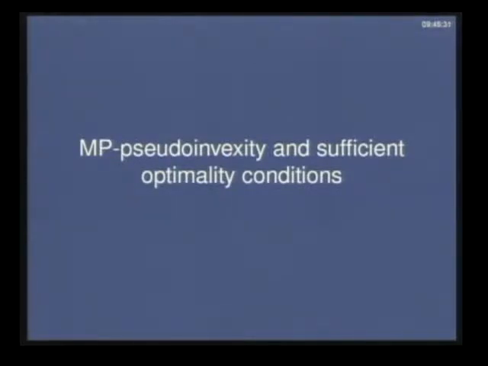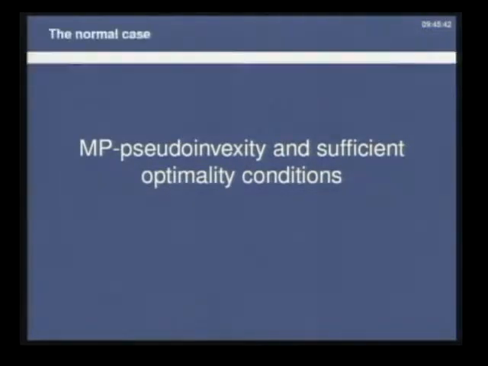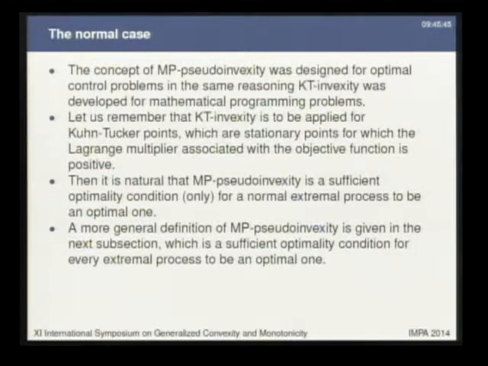Now I will present the MP pseudo-convexity for the multi-objective control problems. And I'll present also the optimality conditions in terms of these generalized convexity conditions. Okay. We have two definitions. One of them is appropriate for normal problems, and the other one is more general.